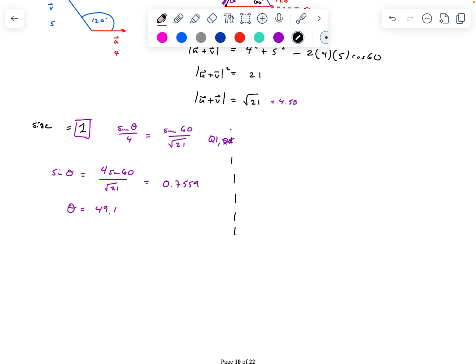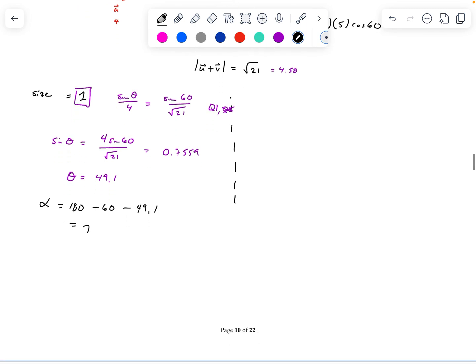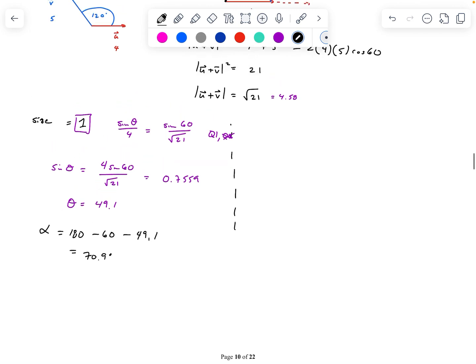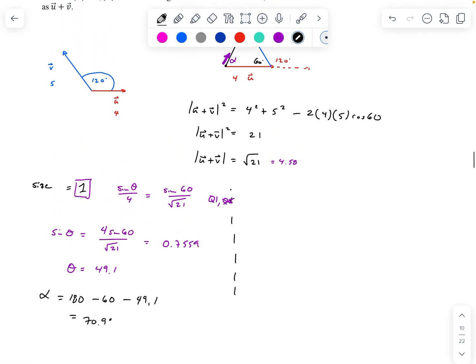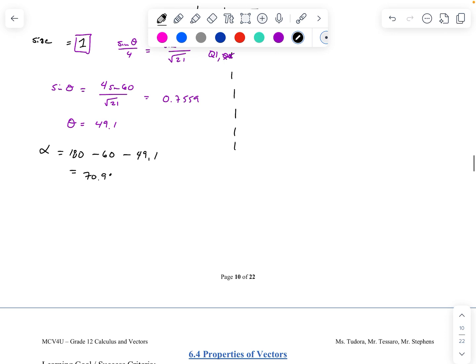But I want alpha, which is 180 minus 60 minus 49.1. And I get 70.89, 70.9. So I could say that the answer to this question is 1 unit, 70.9 degrees off vector u.